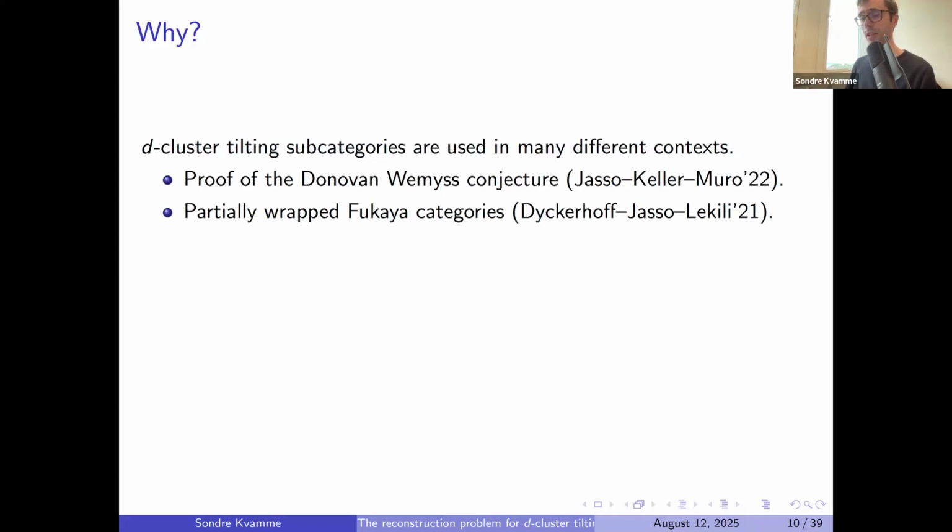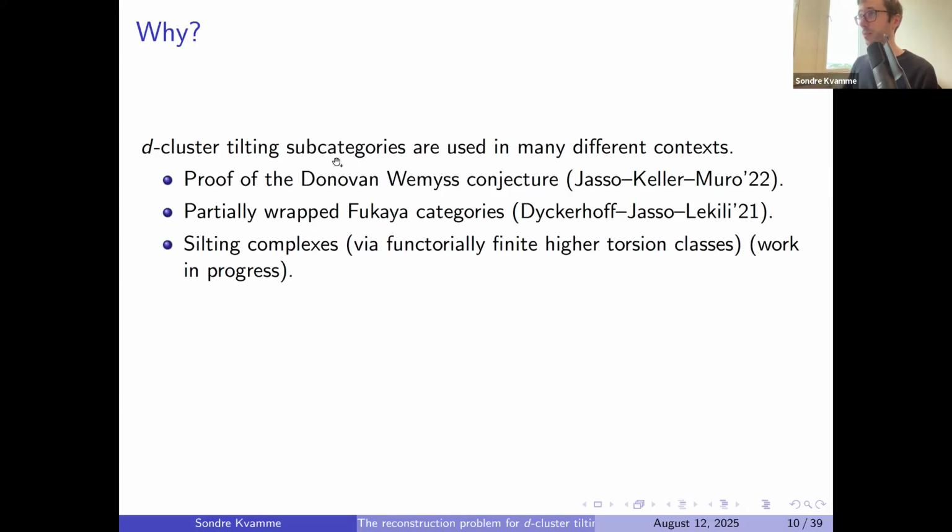Partially wrapped Fukaya categories of certain symmetric products of disks are equivalent to derived categories of what are called higher Auslander algebras. And higher Auslander algebras are algebras that naturally occur when you study the property of D-cluster tilting and this higher Auslander-Reiten theory.